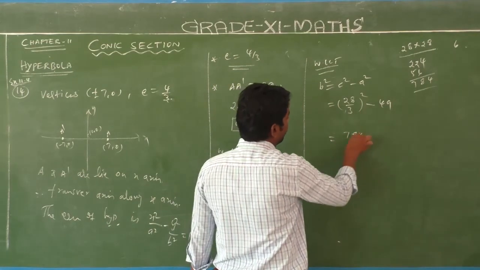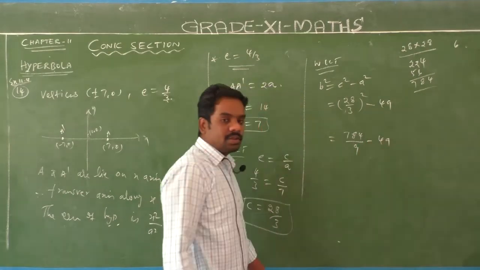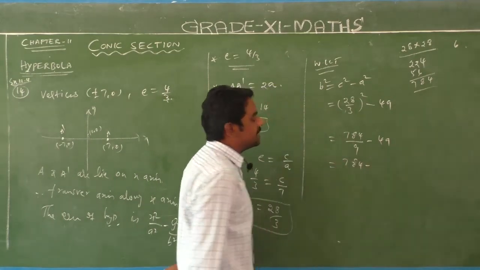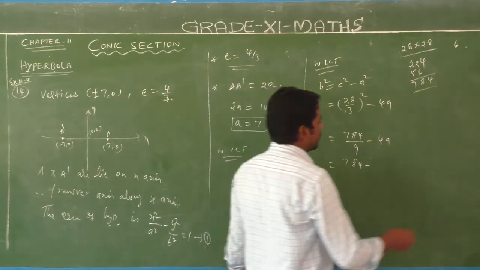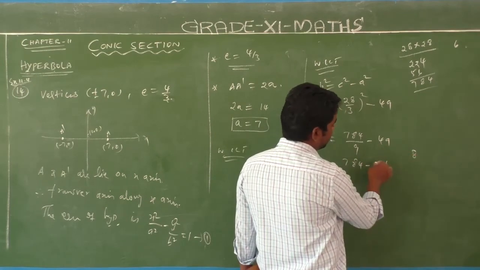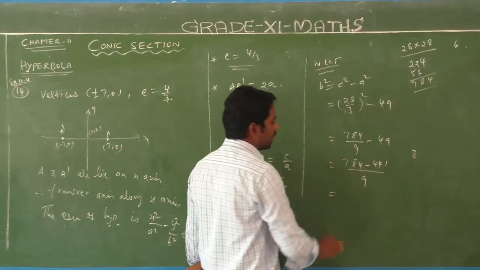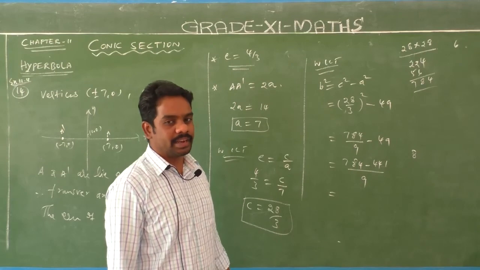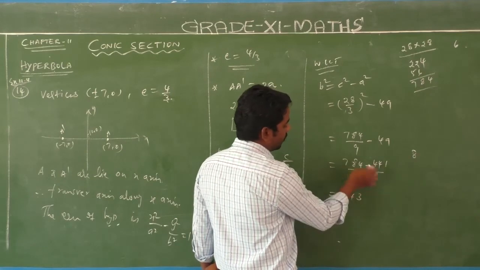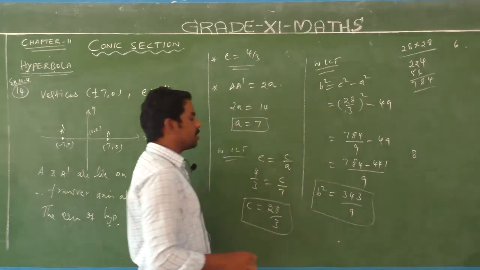So 784 divided by 9 minus 49, that is 784 minus 49 into 9, which is 441, divided by 9. So 784 minus 441 is 343, so 343 divided by 9. Therefore, the b squared value is 343 divided by 9.